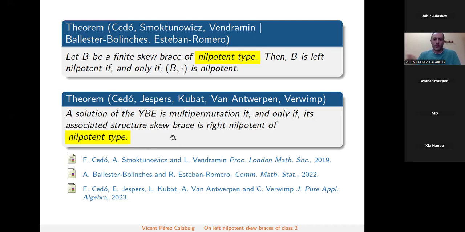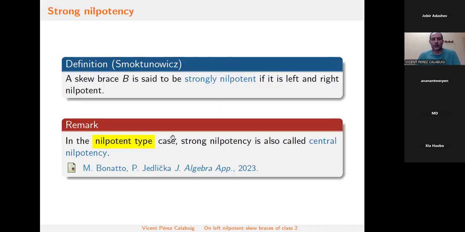Okay, so the next natural thing is to define skew braces which are both left and right nilpotent. And this was done firstly by Smoktunowicz by fusing both left and right series of iterated star products. Indeed, we can say that a skew brace is strongly nilpotent if and only if it is left and right nilpotent.